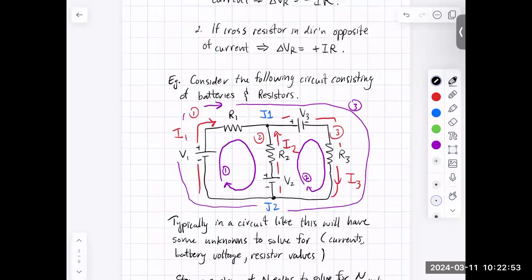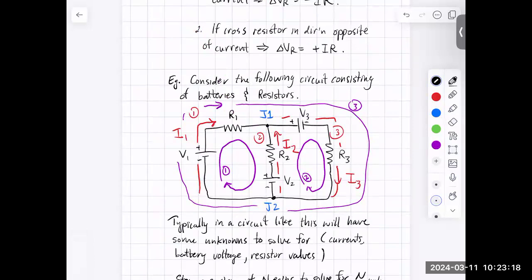To finish our loop, we have to come down through the middle branch and go through R2 and then V2. So the first thing we do is cross R2. Should I use plus I2 R2 or minus I2 R2? Plus, okay? This time, we're going to cross the resistor going down, which is anti-parallel to the upwards current.